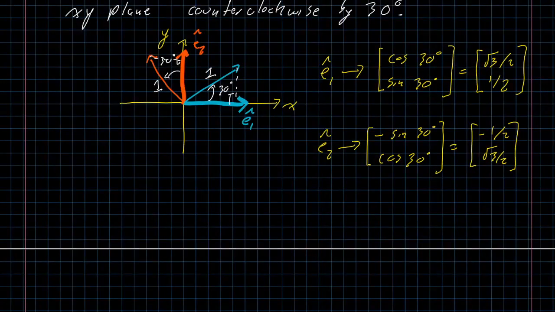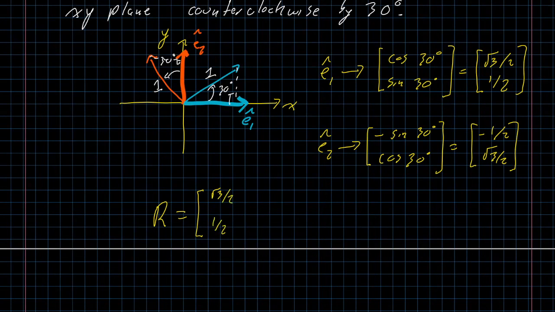And then from there, we can write our transformation matrix. Let's call it R for rotation matrix. The first column is going to be the result from rotating E1, root 3 over 2, 1/2.